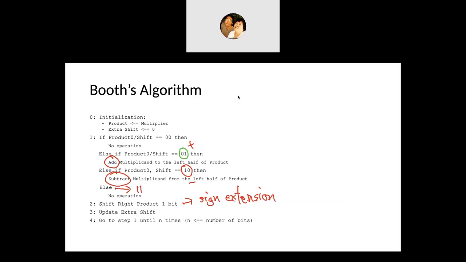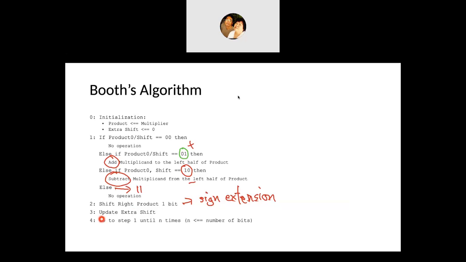You have to know that the shifting right here is the sign extension shift right. So you have to look at the most significant bit. When you add one more bit in, you have to add the same value as the previous most significant bit. If it is 1, you have to add 1. If it is 0, you have to add 0.